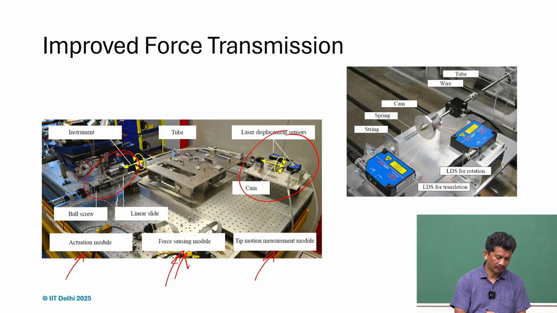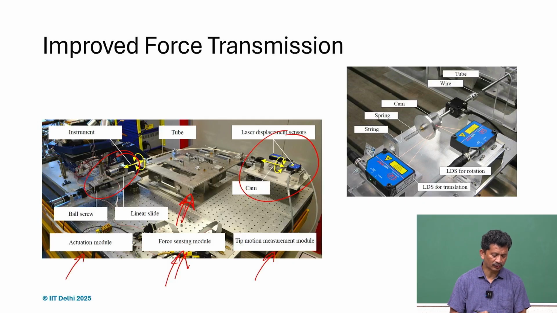So we developed a force sensing module there, and definitely I'll talk about these designs later in the lectures, and then maybe we will be able to appreciate what goes in when we are trying to look for higher precision or repeatability.